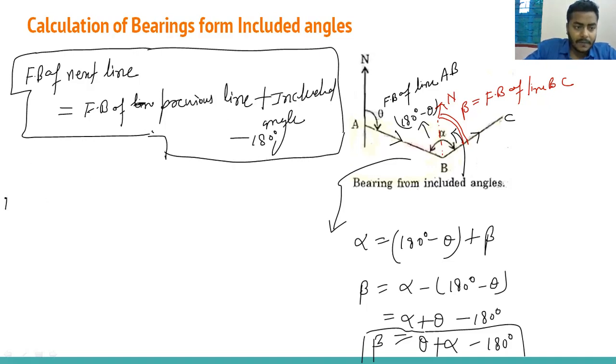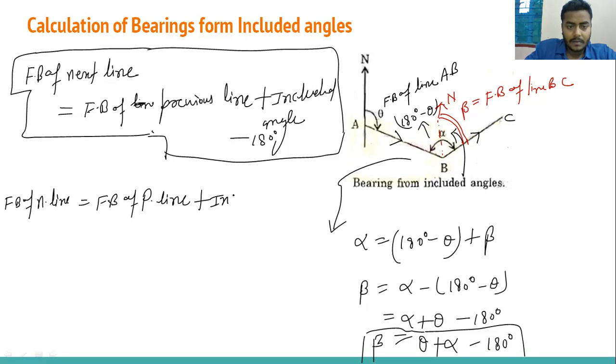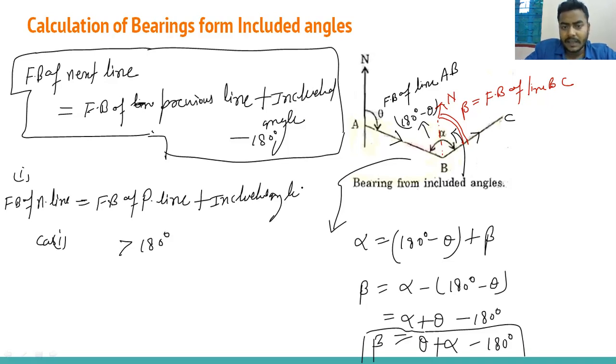In short, we can write the forebearing of the next line is equal to the forebearing of the previous line plus the included angle. For previous I'm writing P, and for next I'm writing N. If this expression is greater than 180 degrees, suppose this summation is K, where K is theta plus alpha.